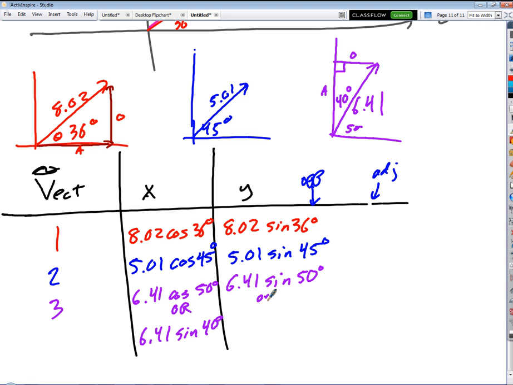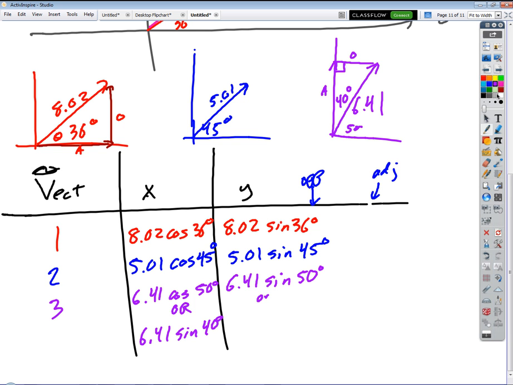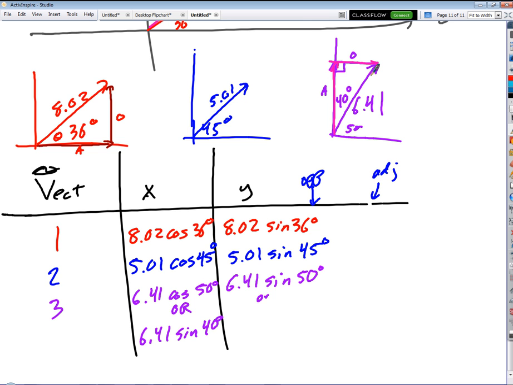Or, if we chose it to be a 40-degree angle, then you see these components, there's the vertical component, there's the horizontal component, right? The vertical component would include the adjacent side, so we need a cosine.